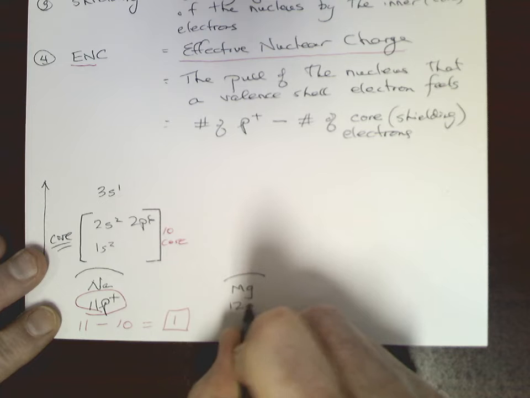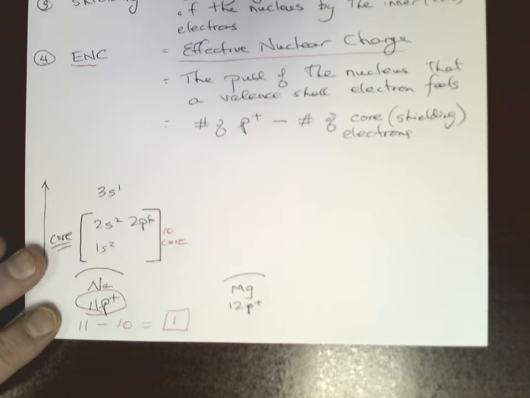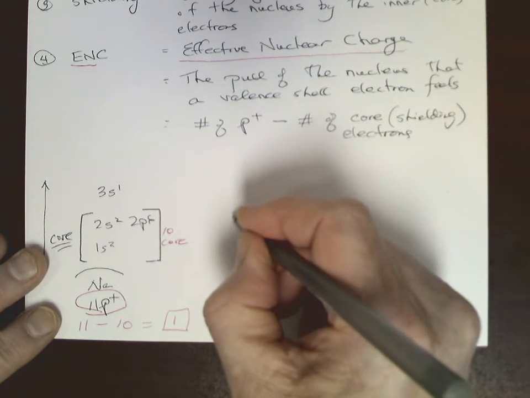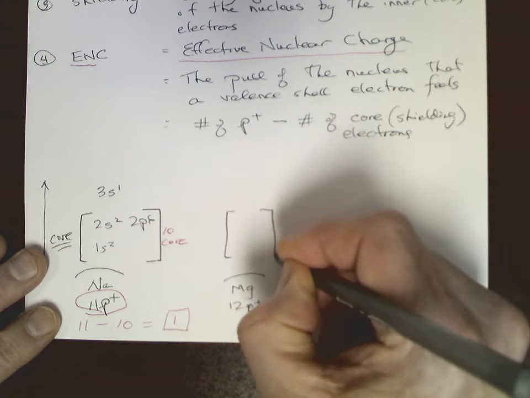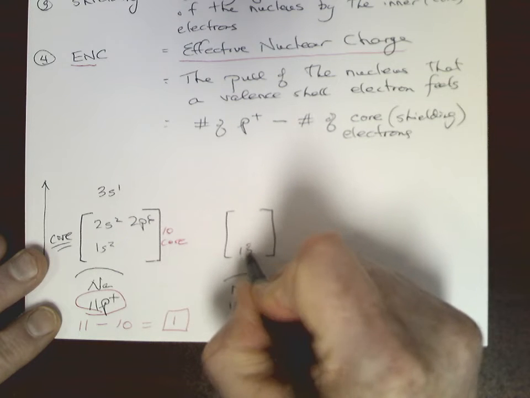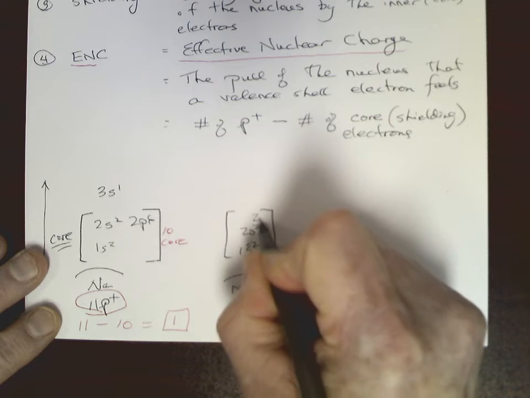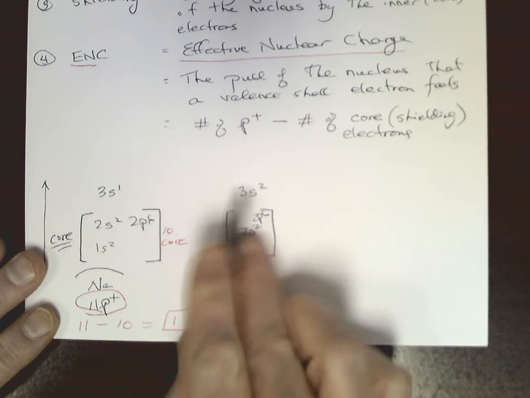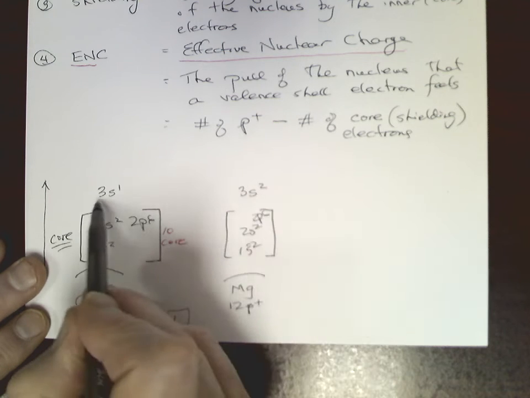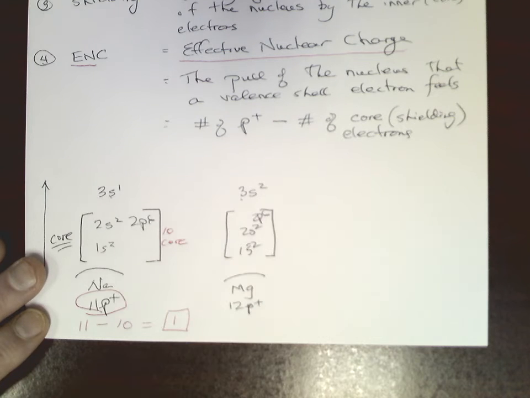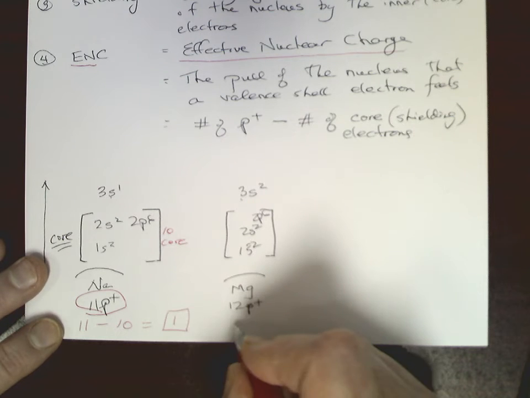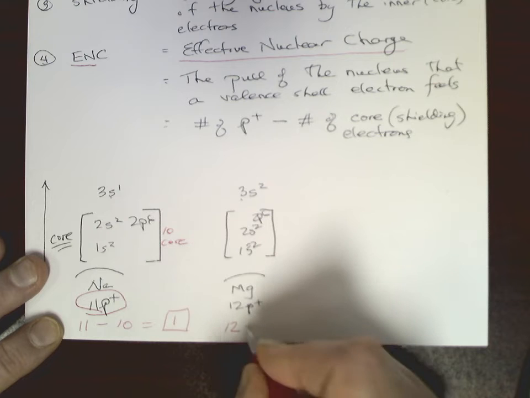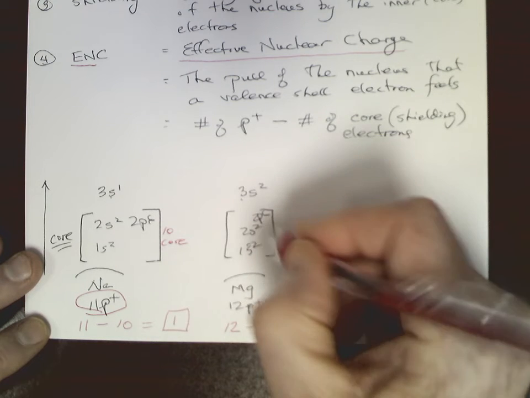Magnesium has 12 protons. How do I know? It's element number 12. Now the core electrons are going to be the same. It's 1s2, 2s2, 2p6. That's all the same. It's only the valence shell electrons that have changed. We have one more electron in the valence shell. So how are we going to calculate effective nuclear charge? It's 12 protons minus the 10. Where are 10?